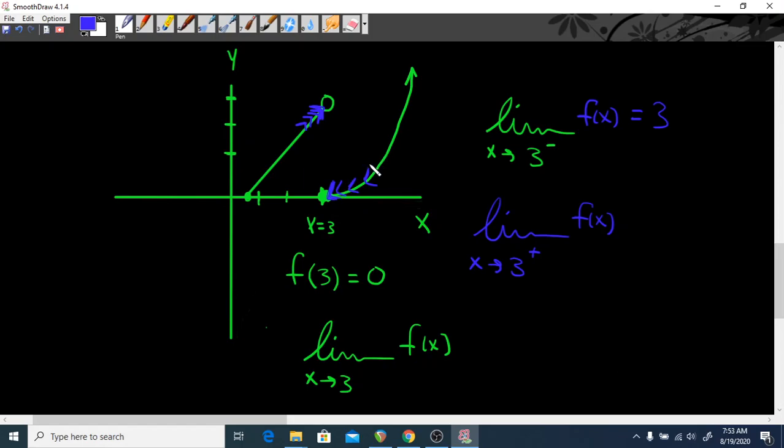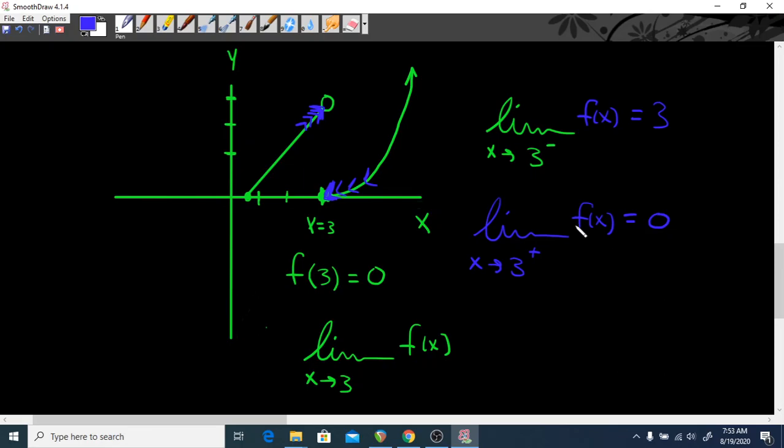There's no limit to the number of zeros we can put between the 3 and the 1. So as we get closer and closer to 3 from the right, the y value is getting closer and closer to 0.